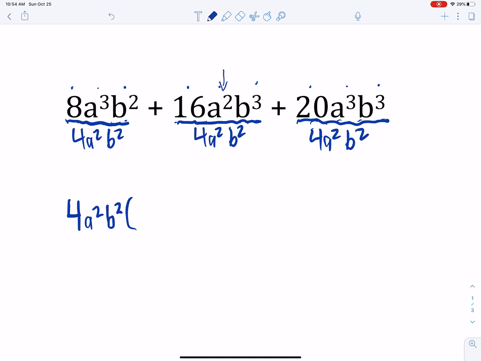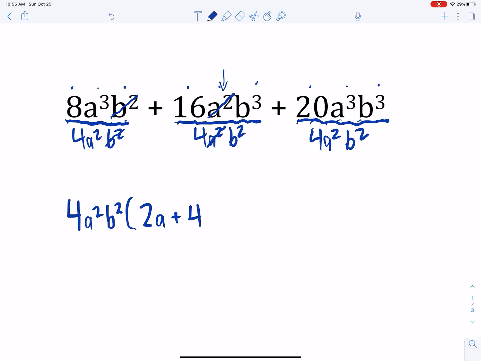Eight divided by 4 is 2. A to the third divided by a squared, we subtract the exponents and get a to the first, which is just a. B squared divided by b squared, they cancel out. And then we have plus. 16 divided by 4 is 4. A squared divided by a squared, they cancel out.